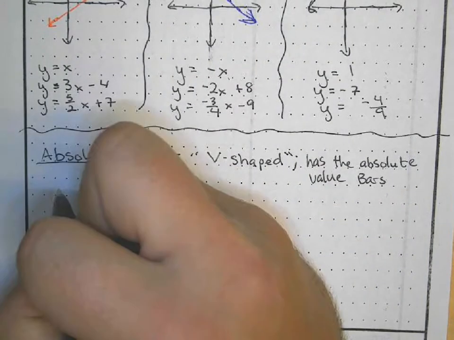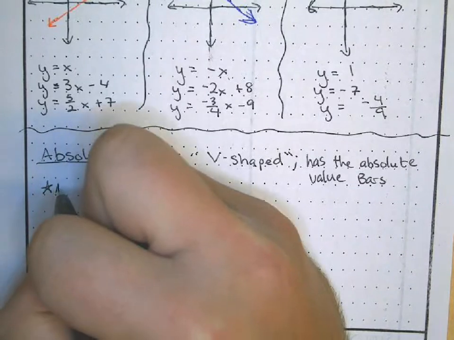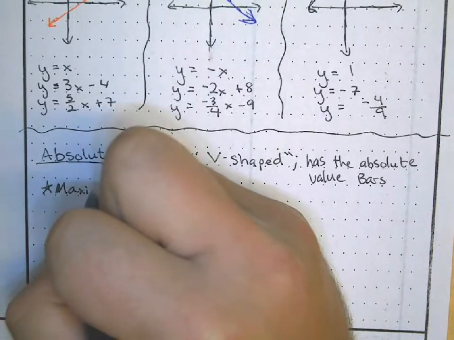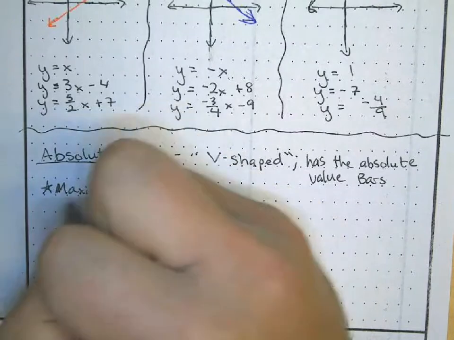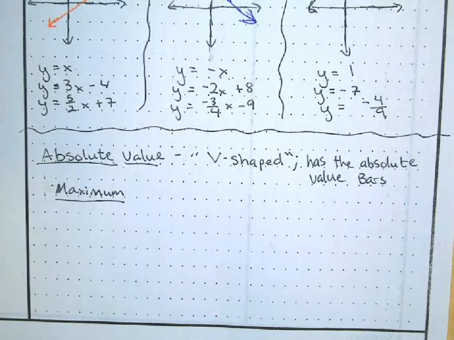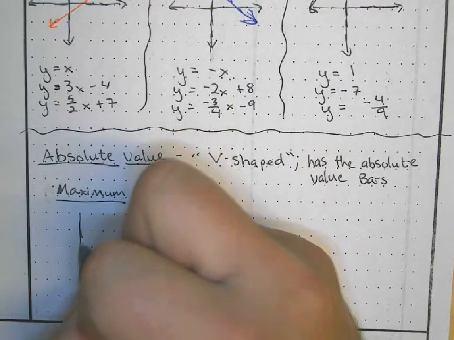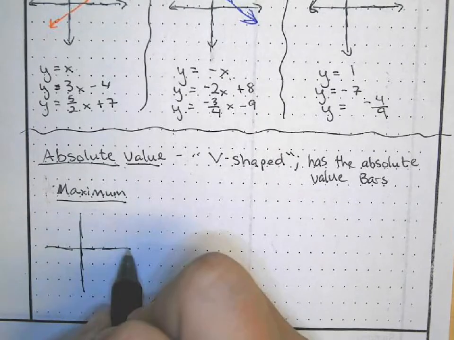So here's an example where we have a maximum, so I'll draw it like so.